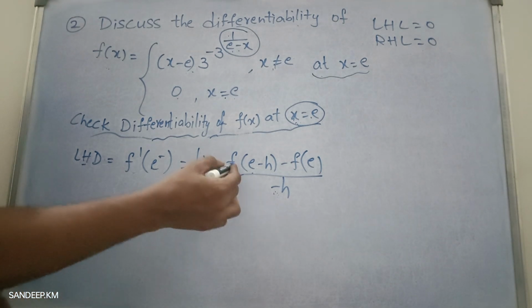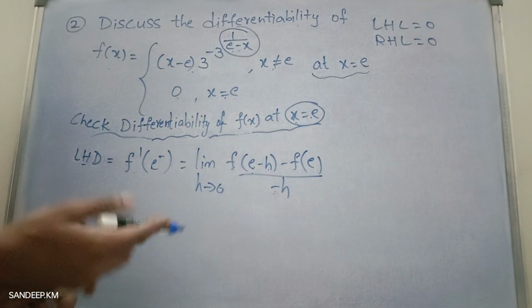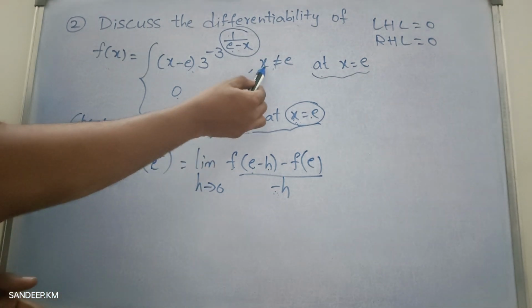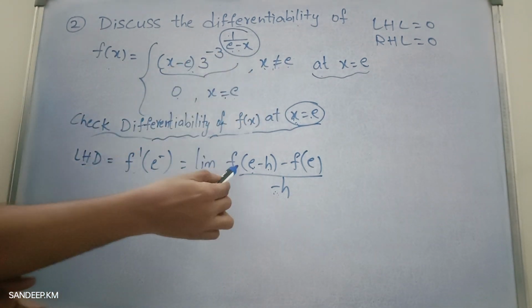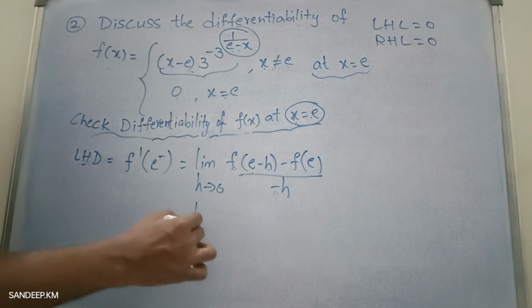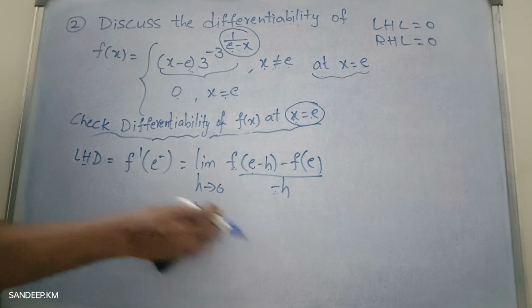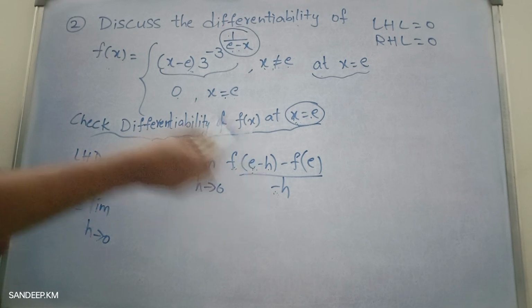Now, f of e minus h. Dear students, e minus h is not equal to e now. Since our input e minus h is not equal to e, I will use this function to find f of e minus h. So it is equal to limit h approaches 0, f of e minus h using this function.